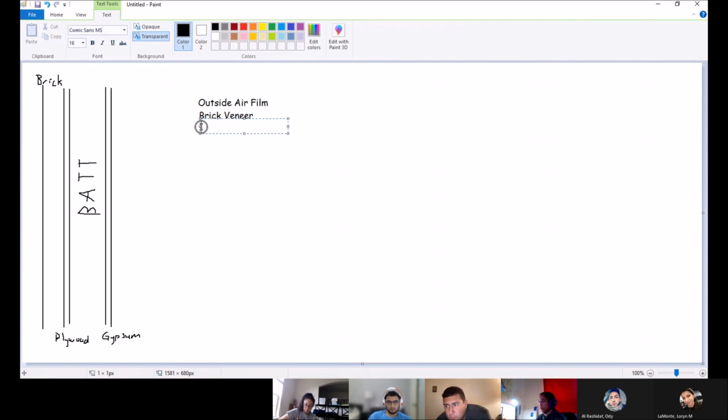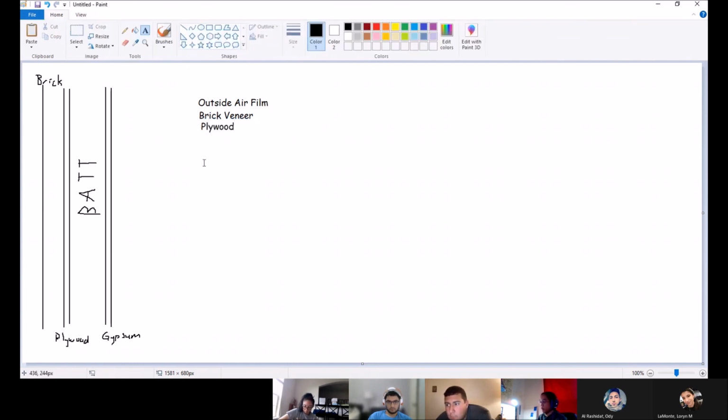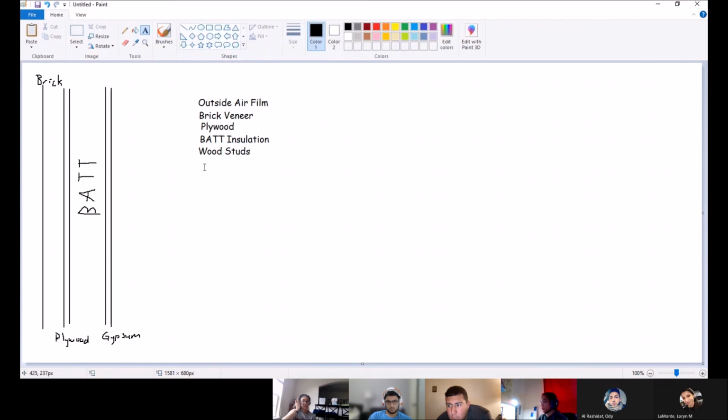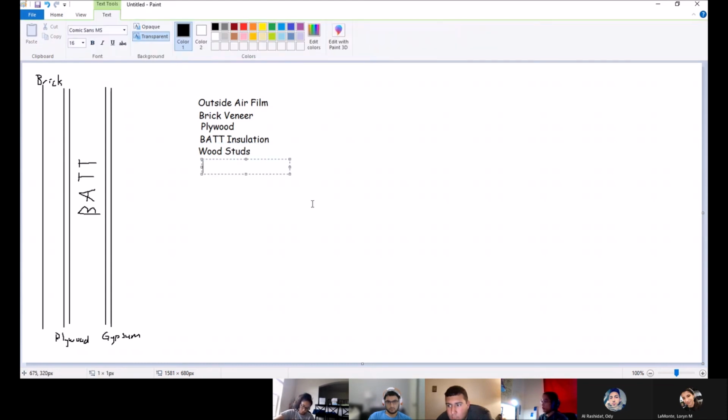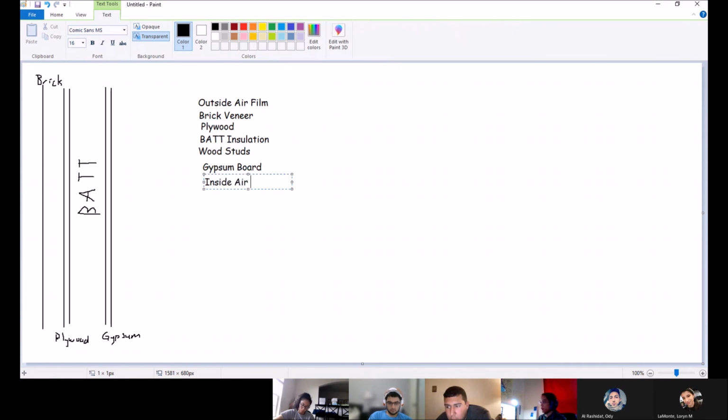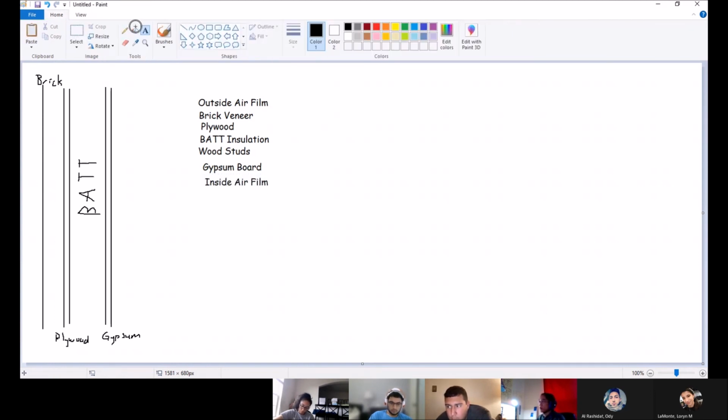We have our plywood, and you'll have measurements for how thick these are, but I don't know them. For bat insulation, we have our wood studs, or more like our bat goes in between the wood studs. And we have our gypsum board, and we have the inside air film. So first we have to look up the R values, right?